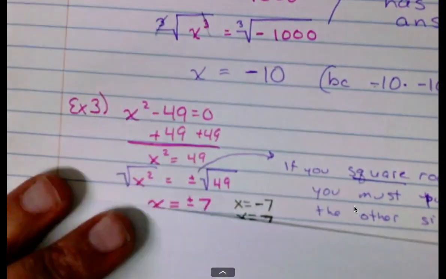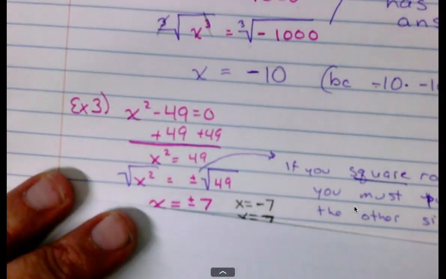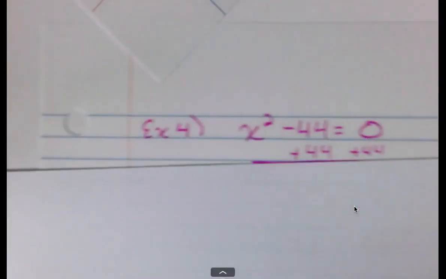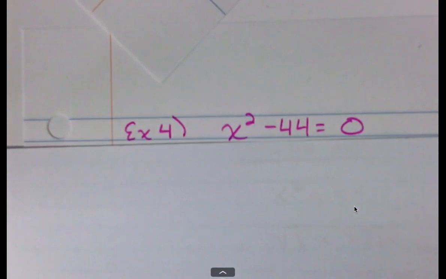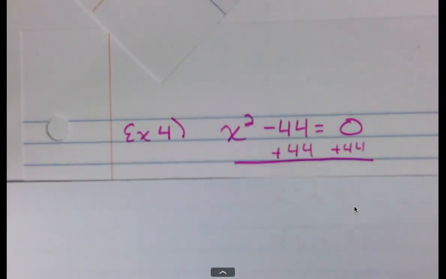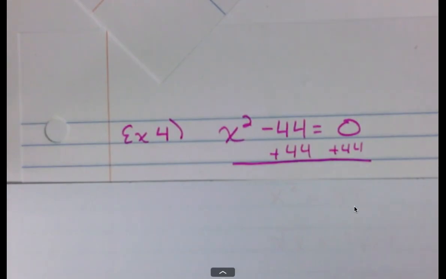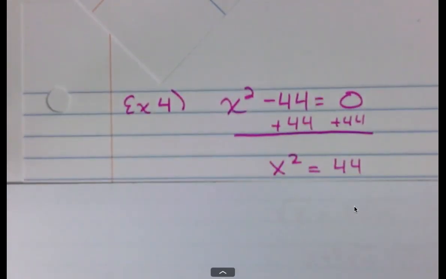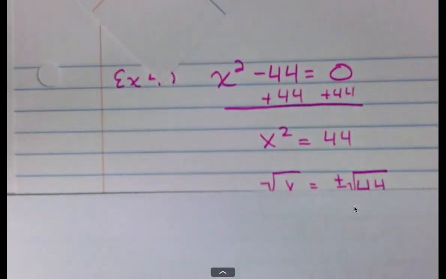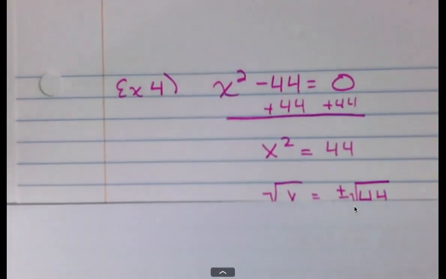Okay, and then there was one more example from this. And on this fourth example, I had to tell the class, no, that's not a typo. I wanted you to put x squared minus 44 equals 0. Add 44 to both sides. And you get x squared equals 44. Square root both sides using that plus and minus.